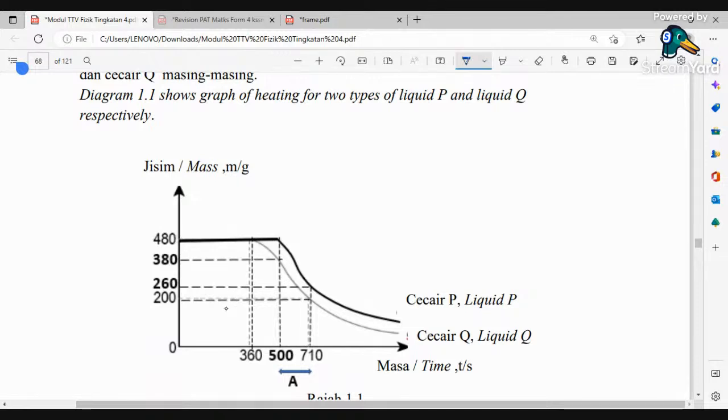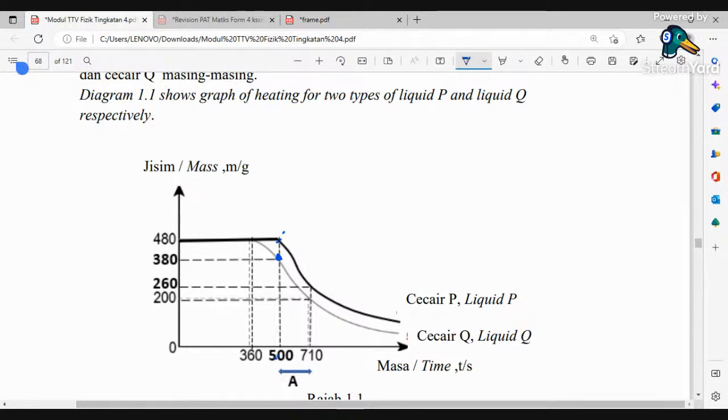For liquid P, at 500 seconds, P is 480, Q is 380.